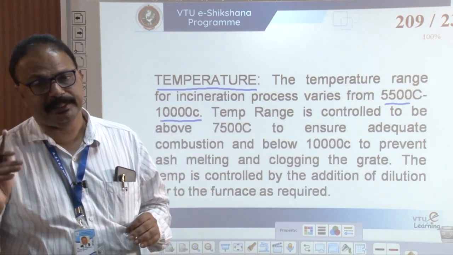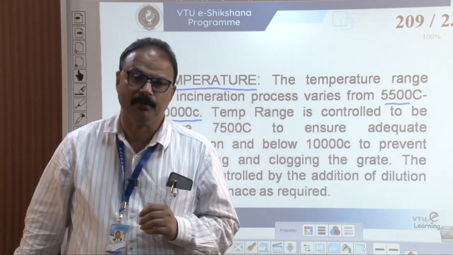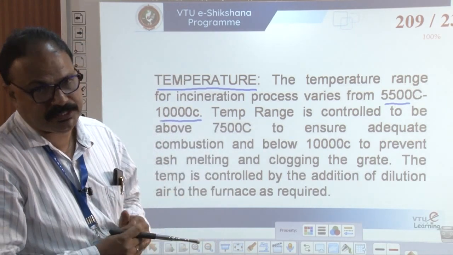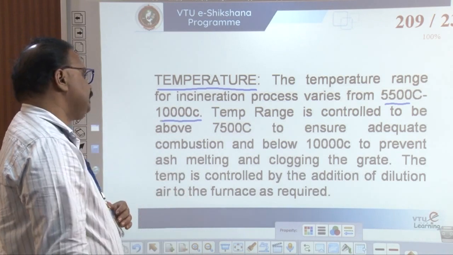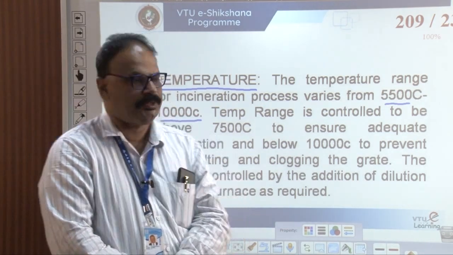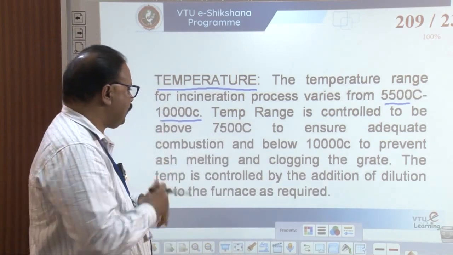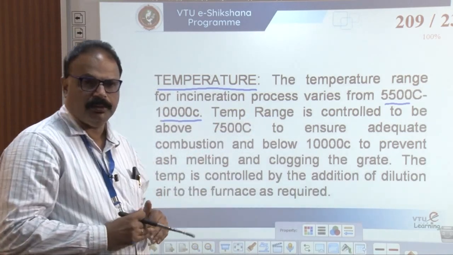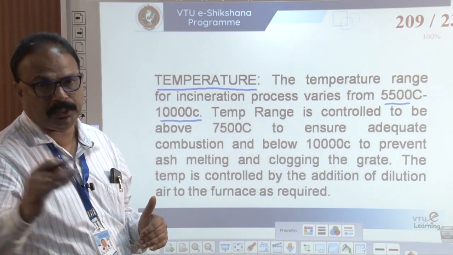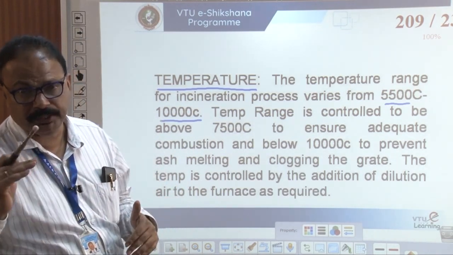The temperature is controlled by the addition of dilution air to the furnace as required. This is the process of the second T, temperature. With high temperature, how do we control the melting and clogging of the grate?